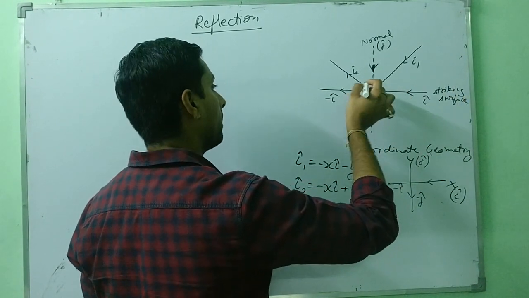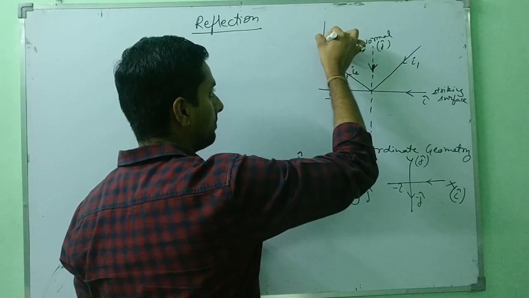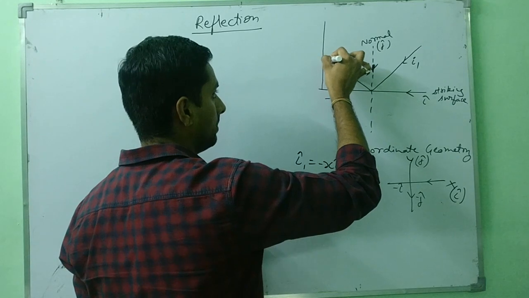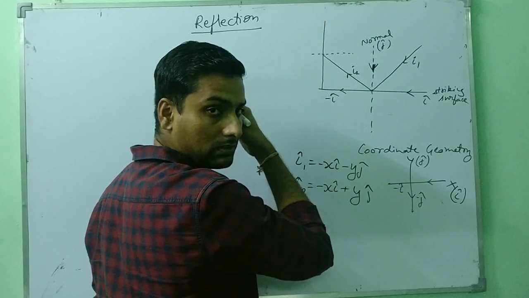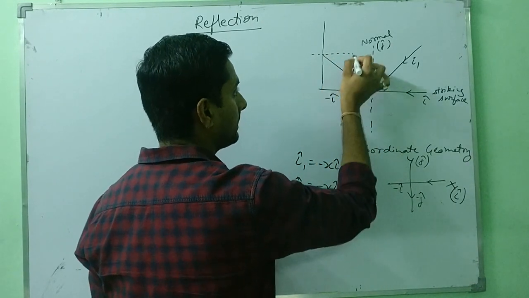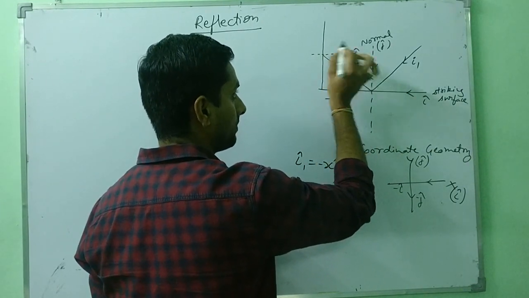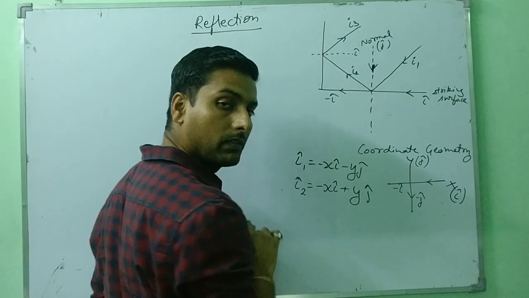Now, if we again have another striking surface here, and this is the normal to that surface, the normal is parallel to the x-axis, so this direction is positive i cap. So it will reflect in this direction, that is I3.